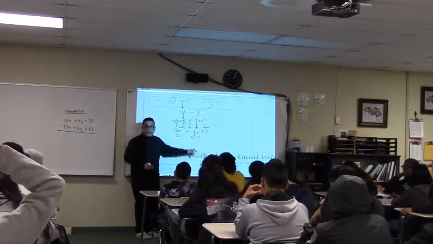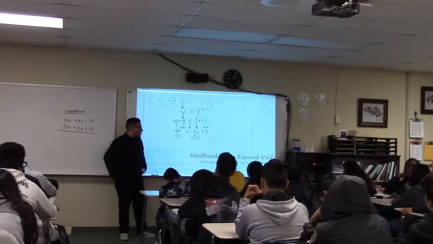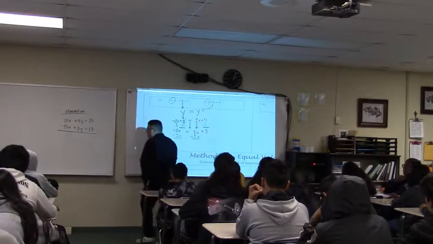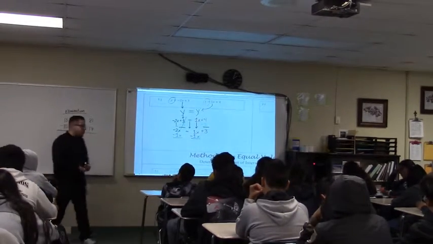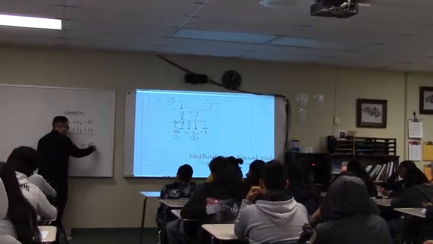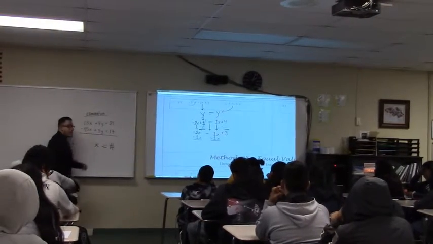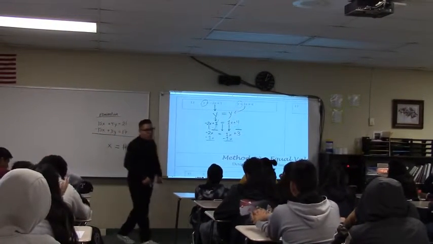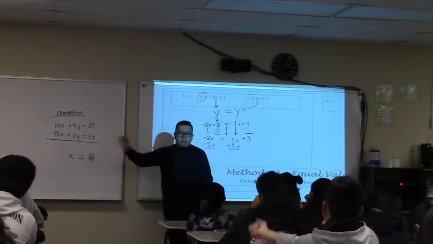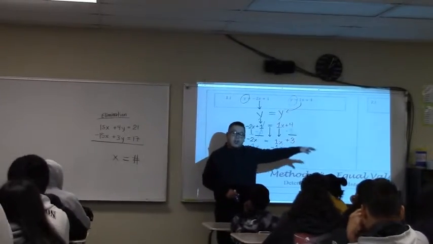All right, Julian, go ahead. How come you don't do the opposite of -2? Because, Julian, that's a great question. I did that because, normally, ideally, you have a number on this side, and then on the other side, you have all the x's, okay? We are trying to make all the variables, whether x, y, be on one side, and we're trying to make all the numbers that do not have the x on the other side.